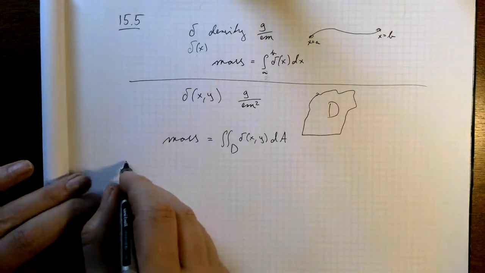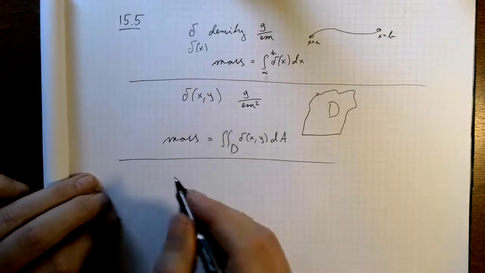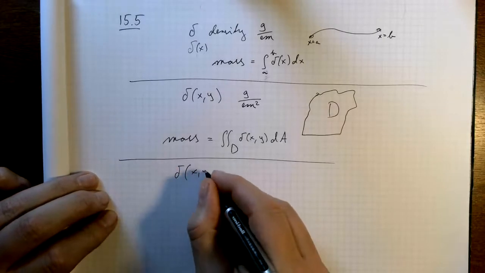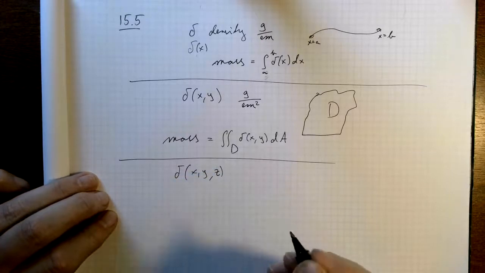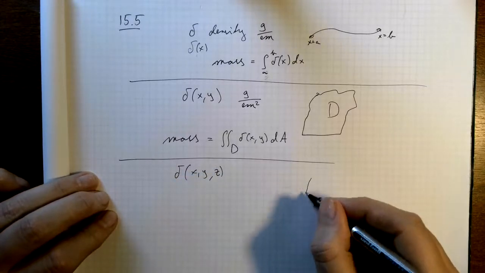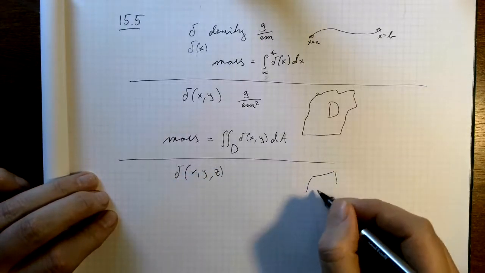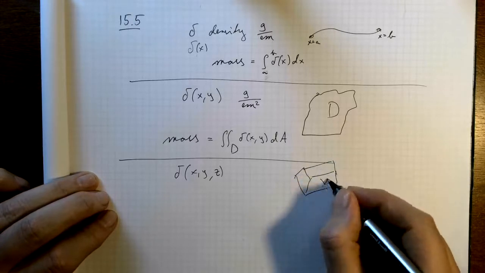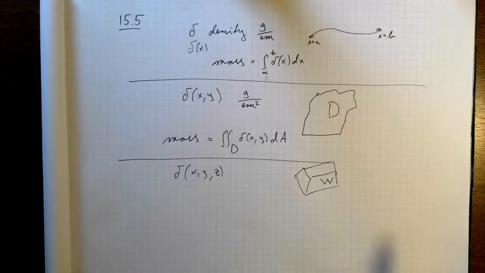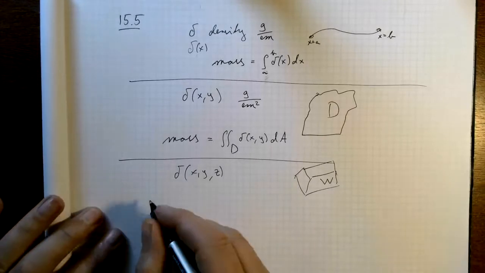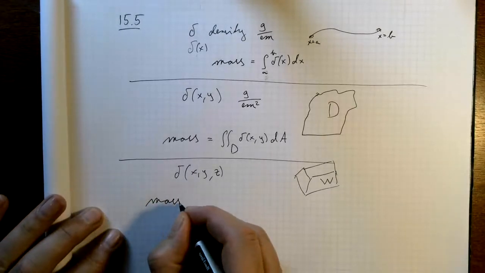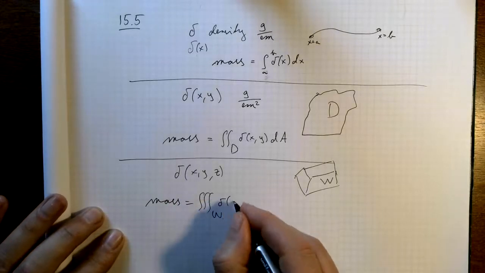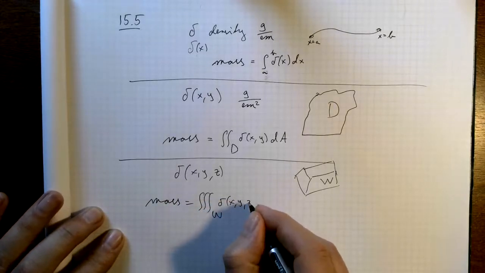And in the same way, if we're in 3-space, we have some object in 3-dimensional space called W, then its mass is the integral over W of delta, just like before.